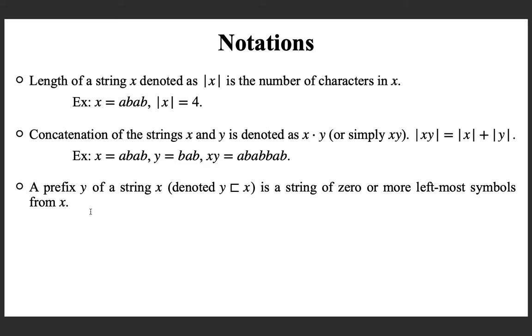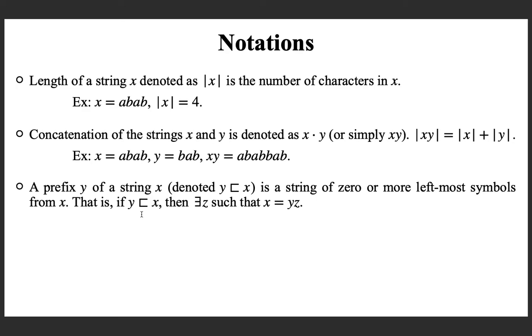And a prefix y of a string x is denoted as this. Y is a prefix of x. This is the notation. So a prefix is a string of 0 or more leftmost symbols from x.